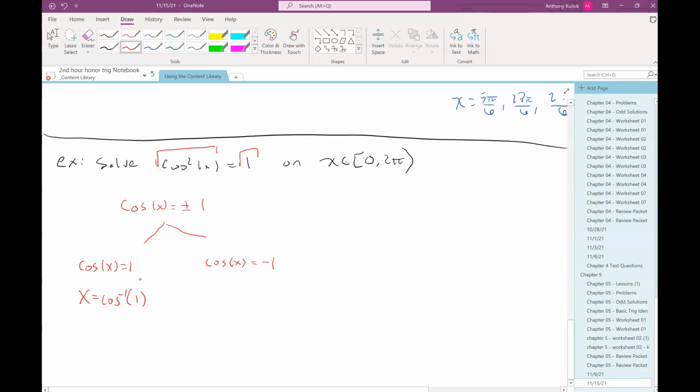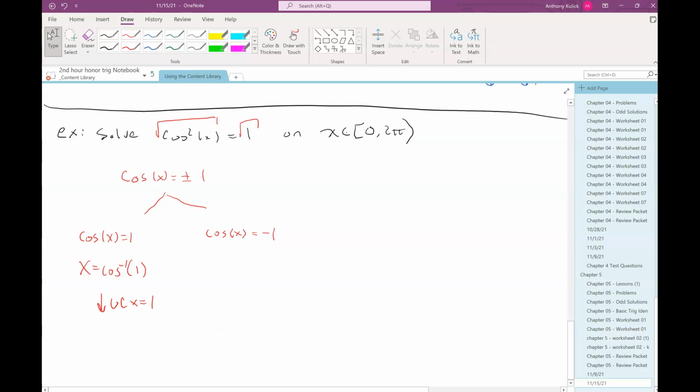So cosine inverse of 1, I'll go to my unit circle. And I'm going to look for where the x coordinate is 1. That happens only when our angle is either 0 or 2 pi. It's the positive x-axis. Right?